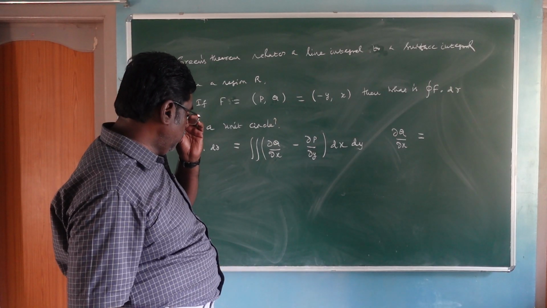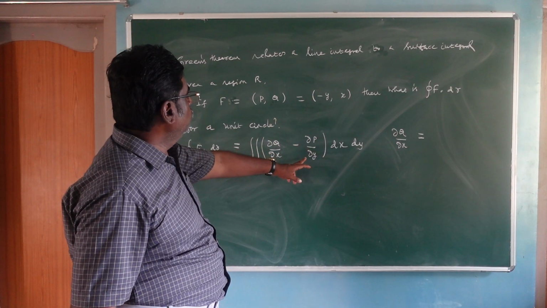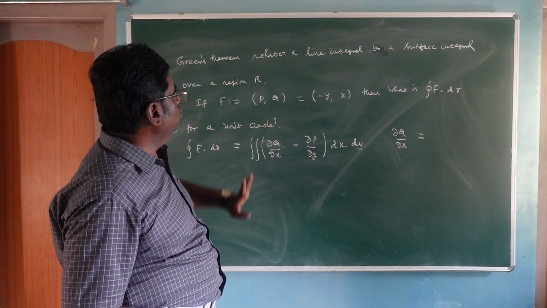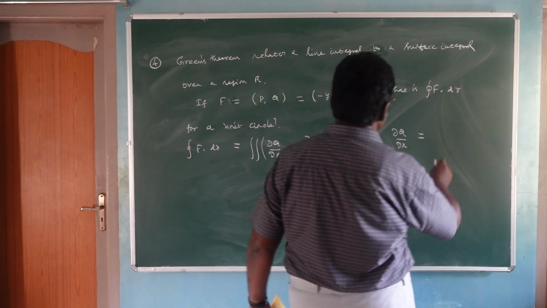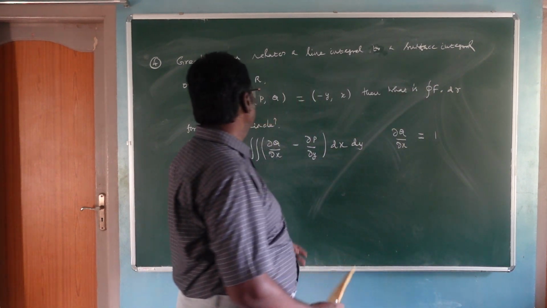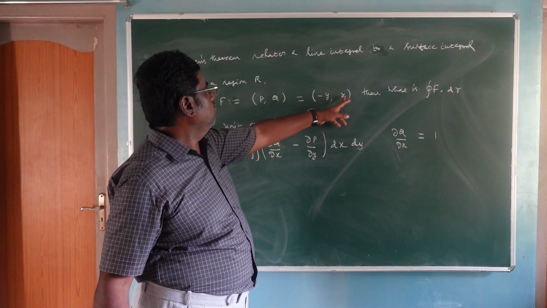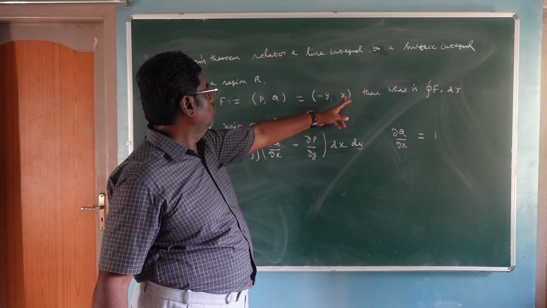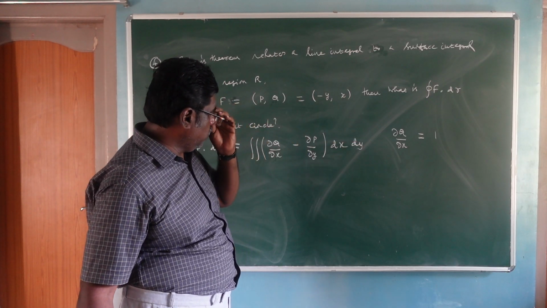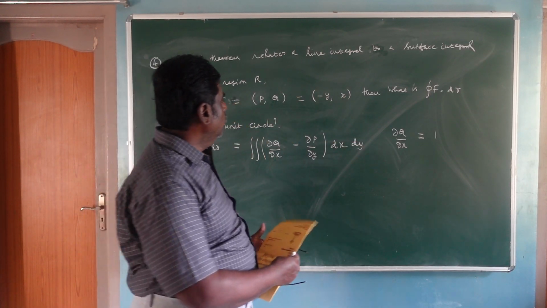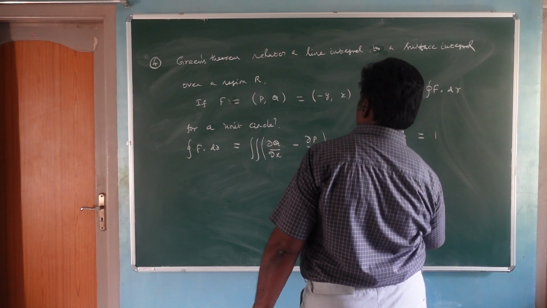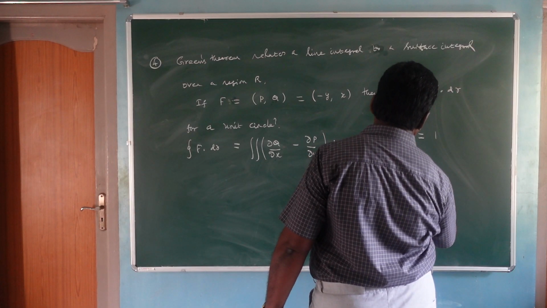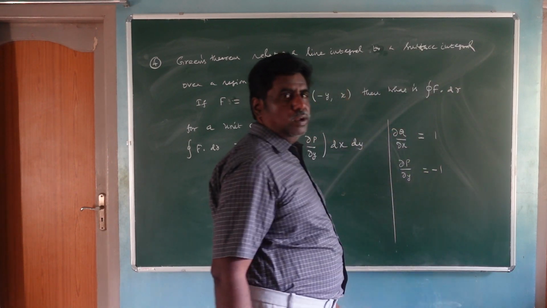Now you have to find out the values of dou P by dou y and dou Q by dou x. Dou Q by dou x equal to 1. See here, this is in terms of P, this is in terms of Q. Then dou P by dou y equal to minus 1.